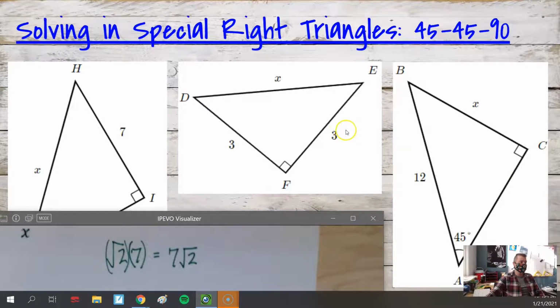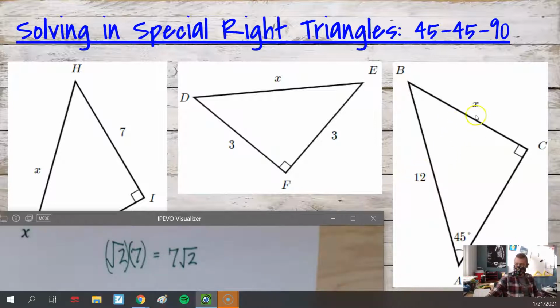So do you want to pull your answer back? Yeah, I was looking at the 30, 60, 90. So what do you think this is? Yeah. What do we do with the 12?